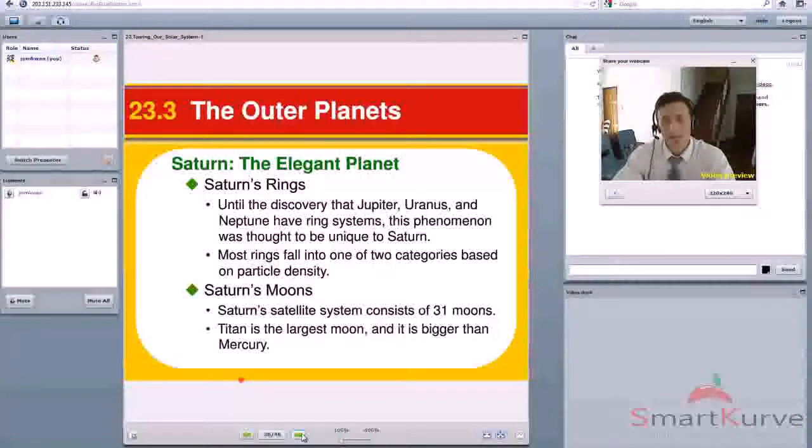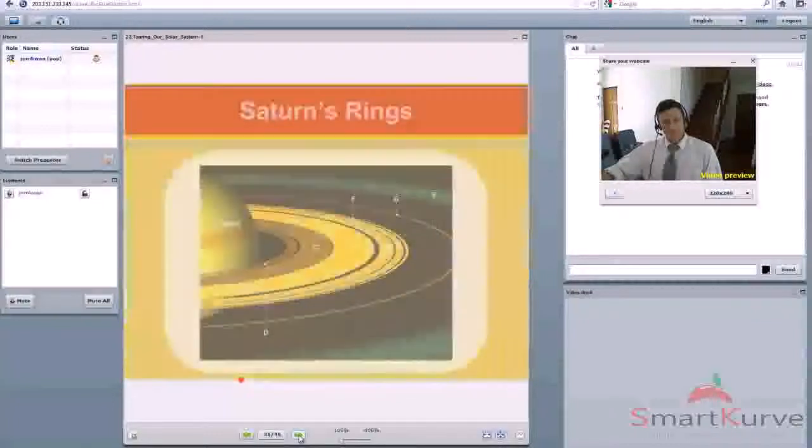Uranus, the sideways planet, slide 32. Instead of being generally perpendicular to the plane of its orbit like the other planets, Uranus's axis of rotation lies nearly parallel with the plane of its orbit. Remember, I mentioned this at the very beginning of the presentation when we talked about the chart on slide 8.